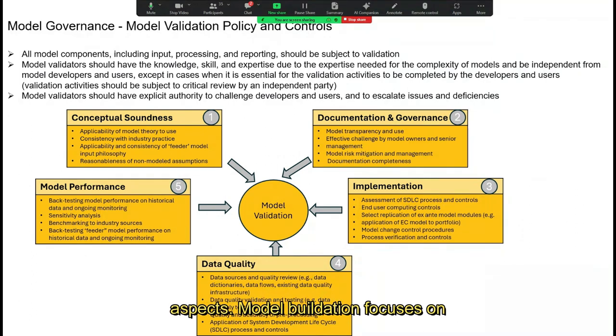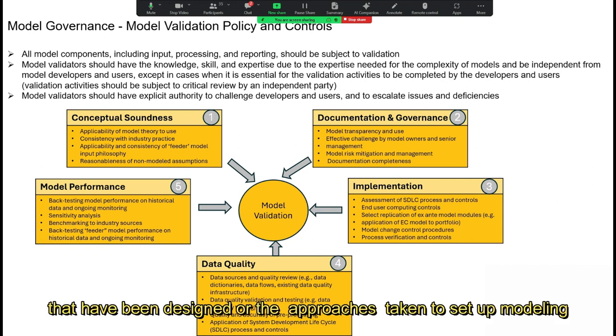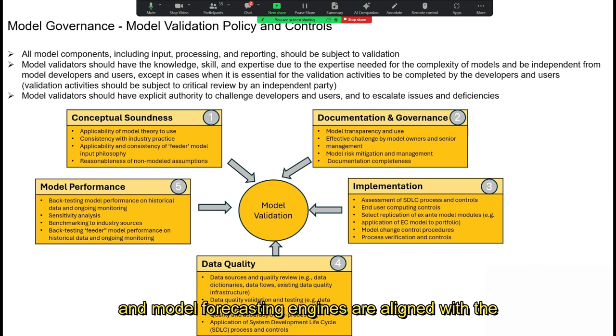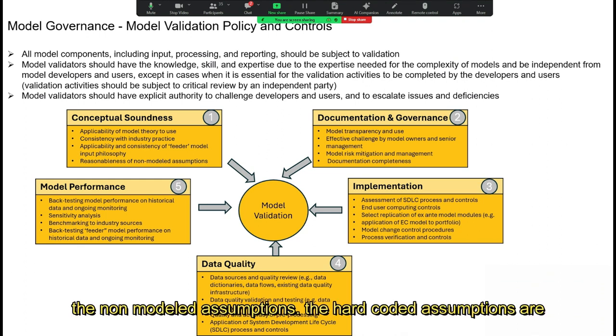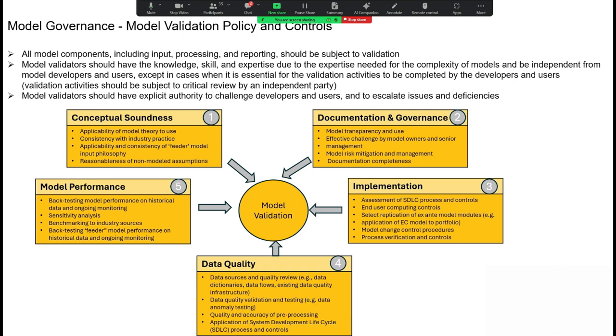First, conceptual soundness: whether the models that have been designed, or the approaches taken to set up modeling and model forecasting engines, are aligned with the theoretical underpinning specific to each approach, that the model design is consistent with accepted industry practices, and that the non-modeled, hard-coded assumptions are sound from the conceptual standpoint.